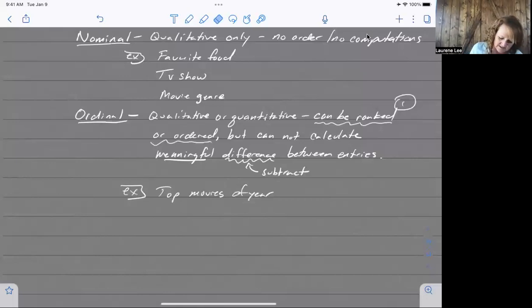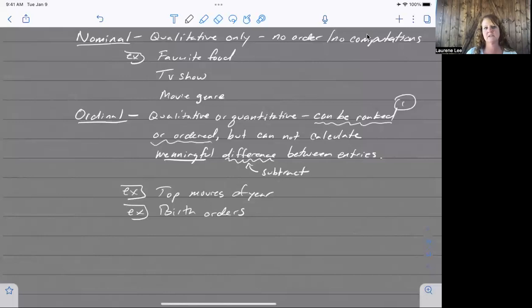Okay, another example of ordinal data: birth orders. Okay, so if I say I'm the firstborn, I'm the secondborn, I'm the thirdborn, there's an order to that, but it doesn't really make sense that we would subtract birth orders.